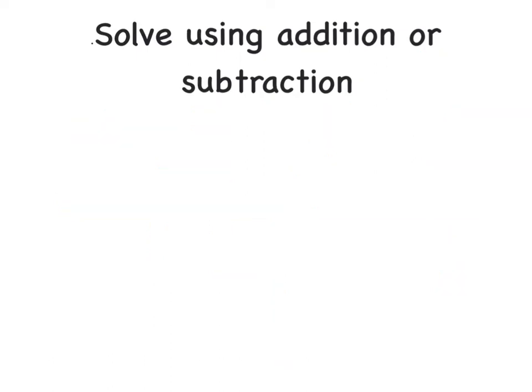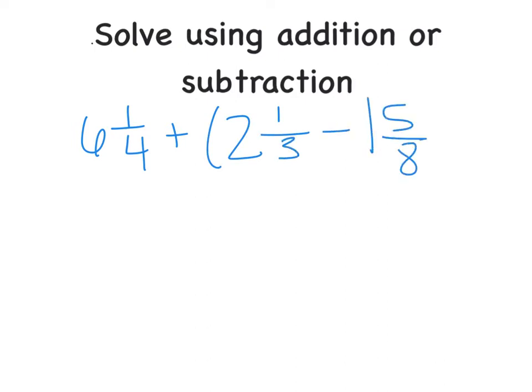In 10-6, you'll see some problems that have parentheses in them, so they will require you to do multiple steps in order to reach your final answer. For example, this problem requires me to do what is in the parentheses first, which is subtraction, and then add that on to 6 1/4. What might be helpful for all of these problems is to find a common denominator for all 3 denominators.